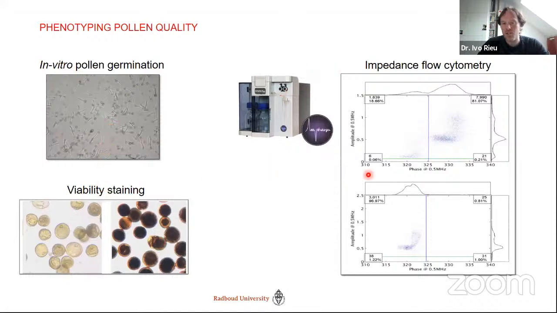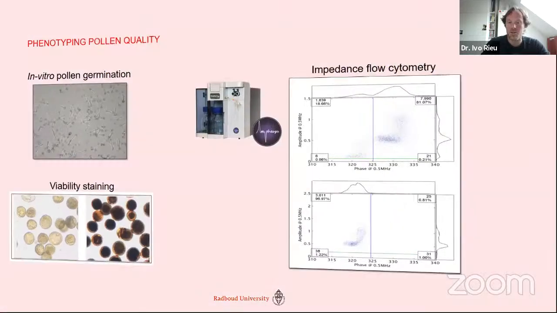So instead we are using this impedance flow cytometer, and I think many bigger breeding companies also have these types of machines, because it can very quickly discern live pollen, which would be on the right side of the graph, and here in this sample, actually this live pollen section is empty, and all pollen are dead in this case. So a very essential machine for us to quickly phenotype our plants.